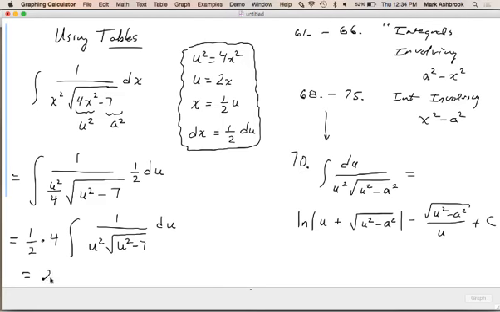This is going to be 2 natural log u plus, oh, so our a squared is what? 7.